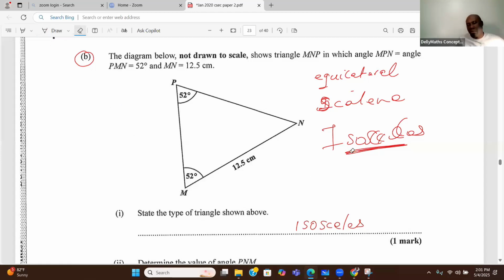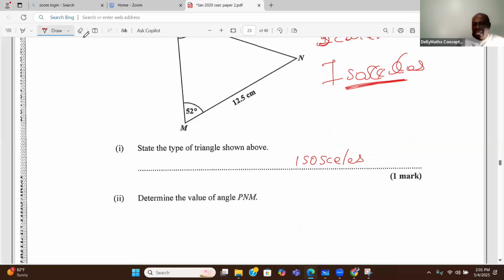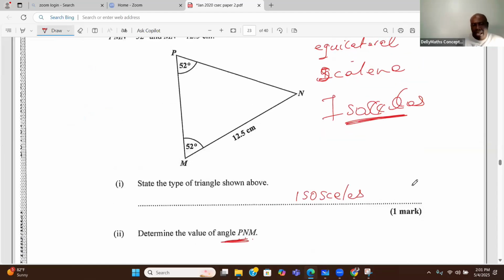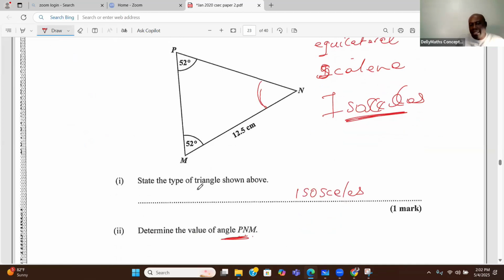So they do ask these questions to see how much you know from your 6th grade year. It says, determine the value of the angles P and M. Now this is simple. So this is basic geometry.